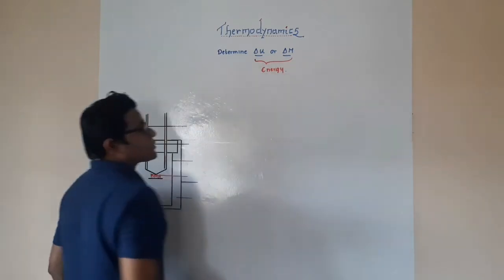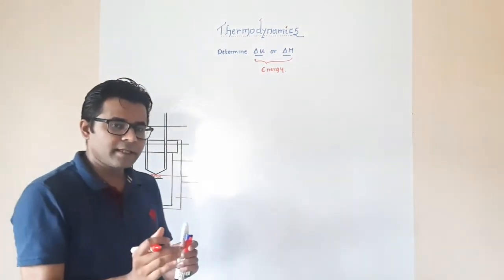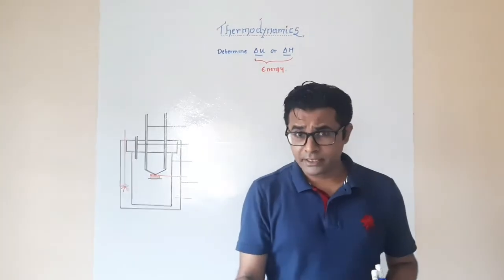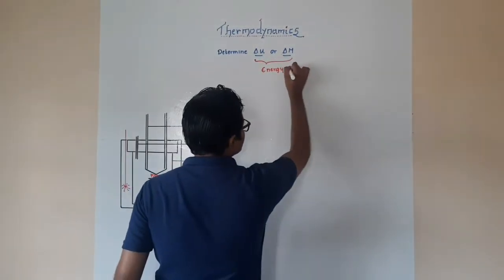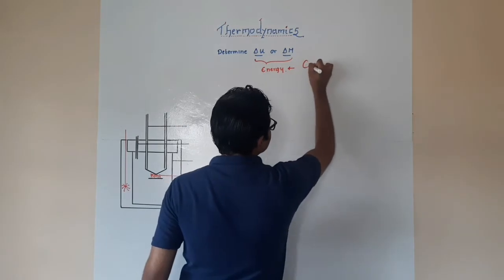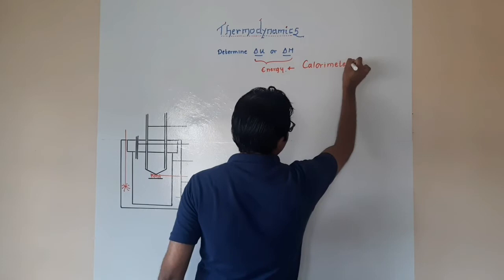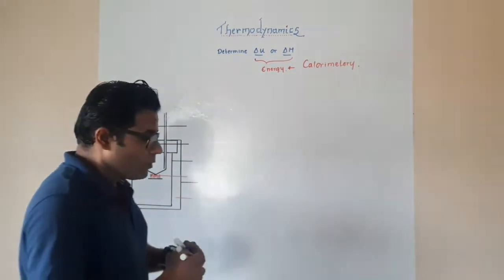Whenever we are looking at the change with respect to energy of a particular reaction, these changes of energy are measured by certain experimental techniques. And these experimental techniques, which help us to determine these energy changes, we call calorimetry.